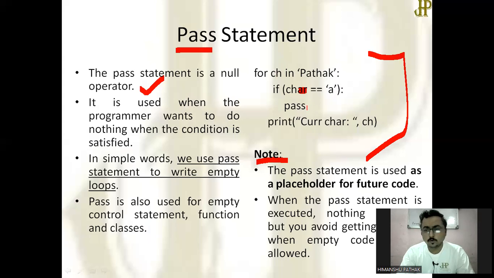Pass. I don't know the logic of what to do when the CH value is A. So for right now, I have just put pass. Other than this, you have to print what? CH. So it will print the whole thing.